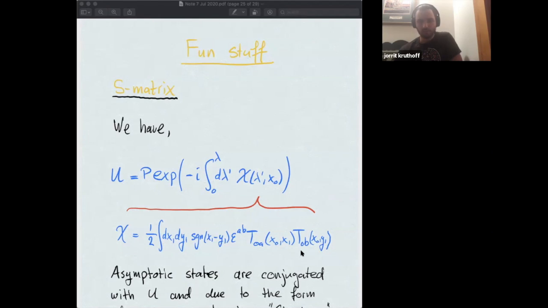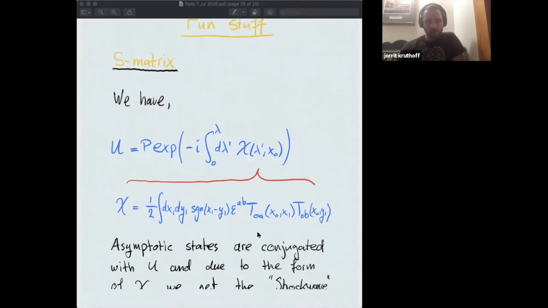And basically what I will argue is that something similar happens here in the TTbar theory. That statement is actually very simple, namely that this unitary operator U will already appear as changing these asymptotic states. So this unitary operator U will simply conjugate the creation and annihilation operators at asymptotic infinity, in the asymptotic past and future.